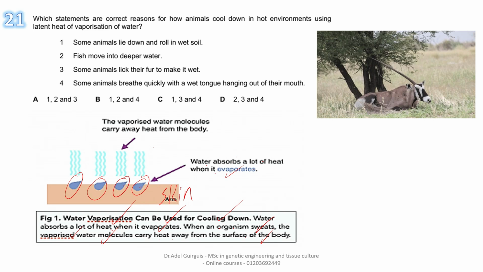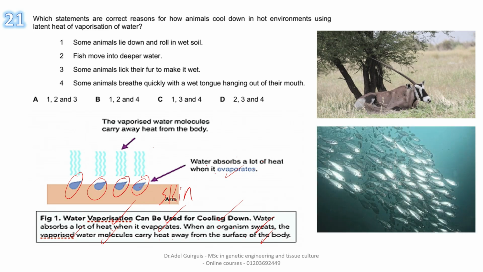Okay, fish move into deeper water. Fish is cold-blooded, not a mammal, not like oryx. So it is not affected by moving deeper or being near the surface of water. No change takes place.